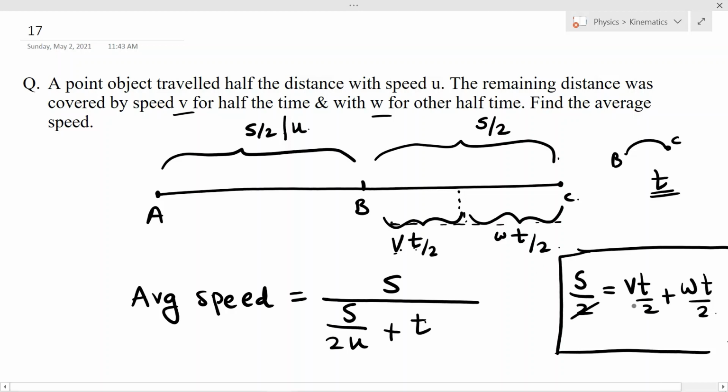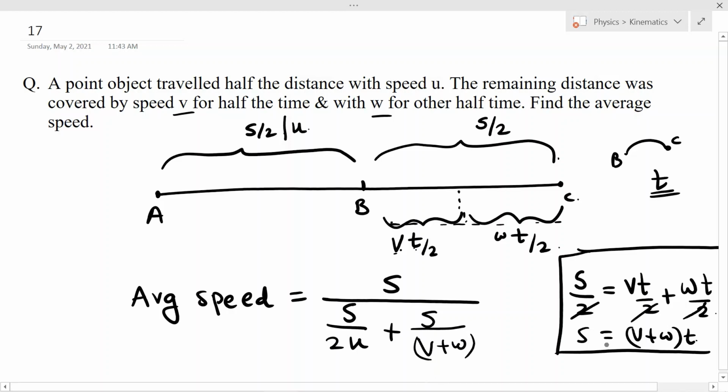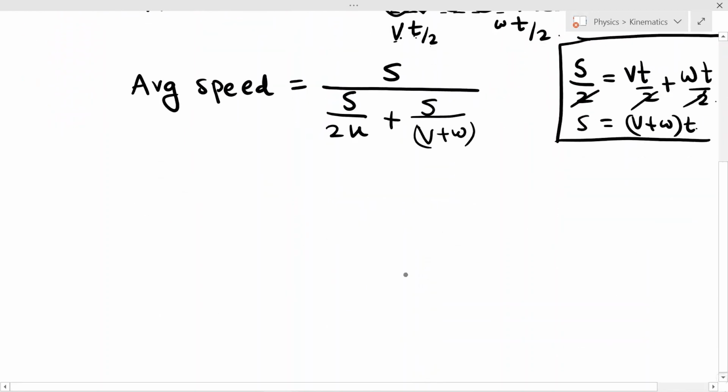Now these two get cancelled. So this becomes s is equal to v plus w times t. So t then becomes s by v plus w. So now s can be cancelled.